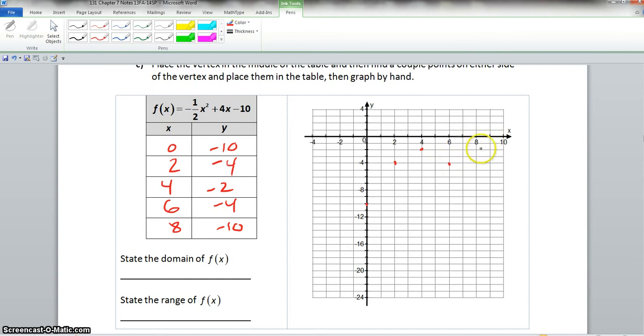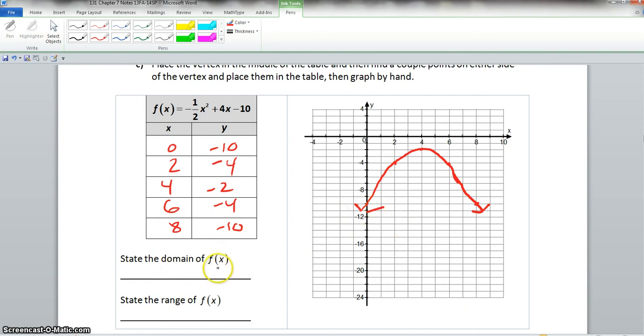And we have 8, -10, which is here. Now we can connect these points. Now, of course, this is supposed to be more of a curved shape. We can draw our arrowheads to let it be known that it goes on forever.